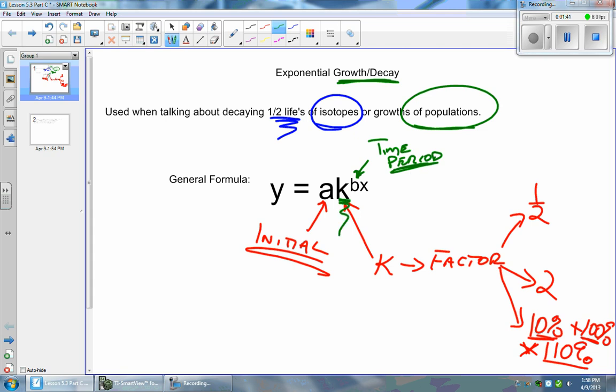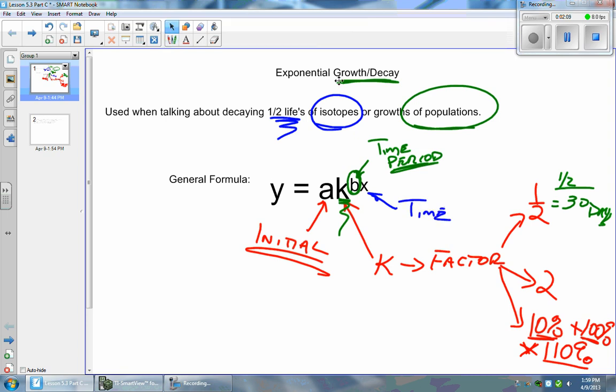For example, if the half-life is 30 days, then you're going to say it is a half-life per 30 days. So this actually ends up being a fraction right here. Just like your horizontal stretch, remember you have to flip this. And your X would be, of course, the number of days or years or whatever that you're going to put this in for. So this is going to be your time.